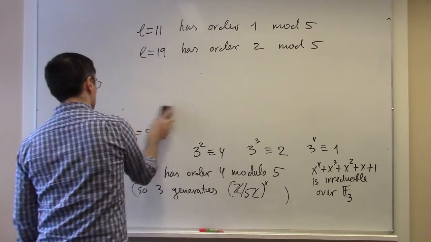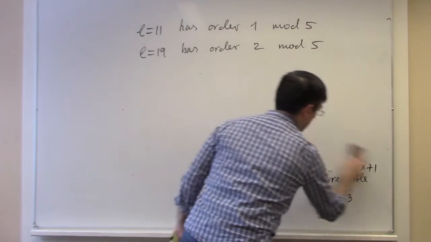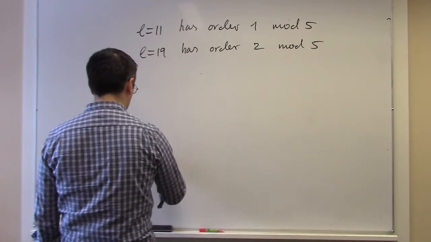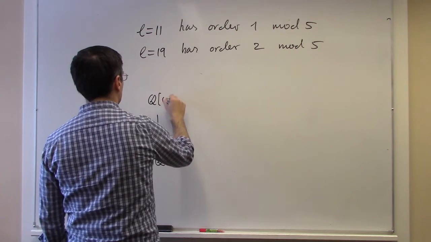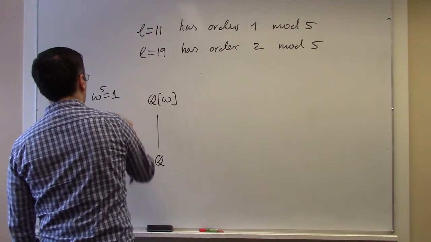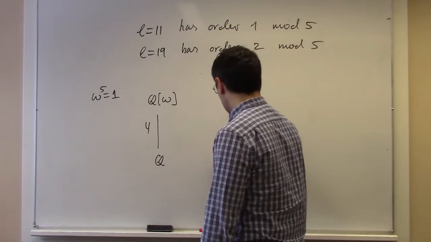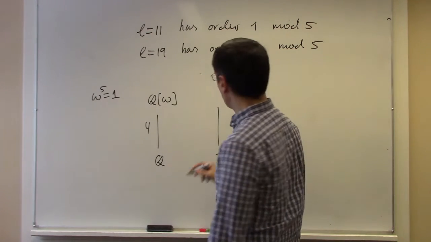The conclusion is that if I consider this extension Q(omega), where omega is a primitive 5th root of 1, so this is a degree 4 extension, then 3 remains prime.